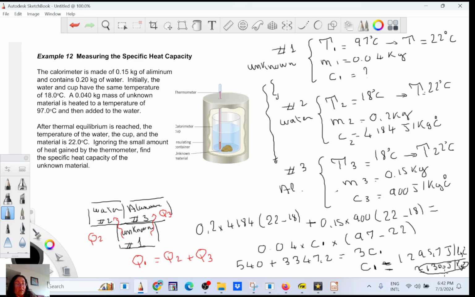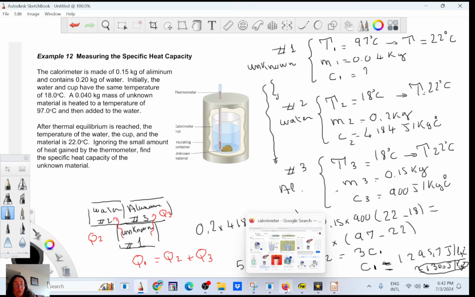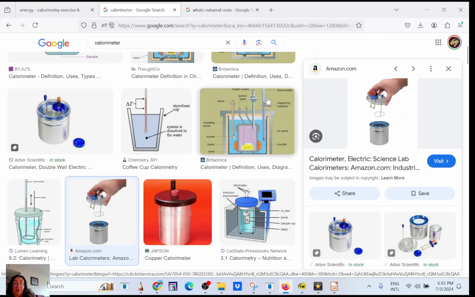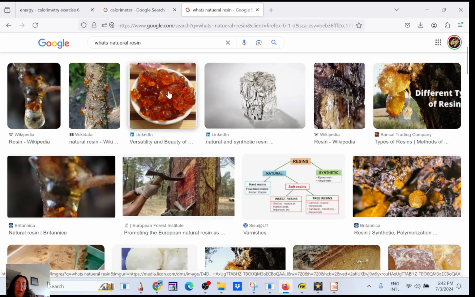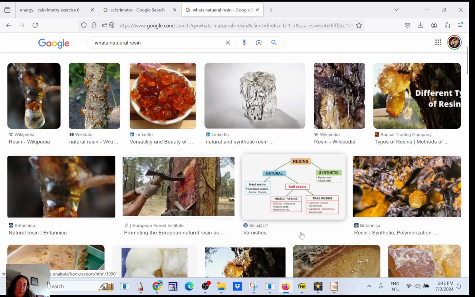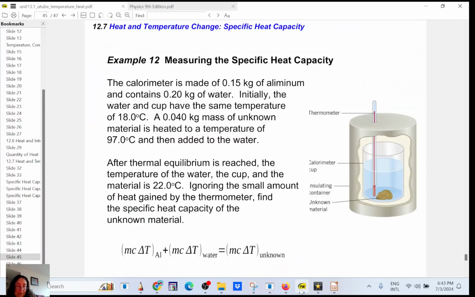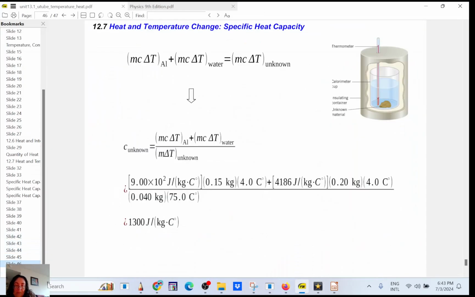Okay, so I look it up and I'm not sure, but 1300, for example, a specific heat could be, for example, natural resin. Could be. Or it could be some kind of wood. So that could be the unknown substance. So, okay. You see, that will be the answer.